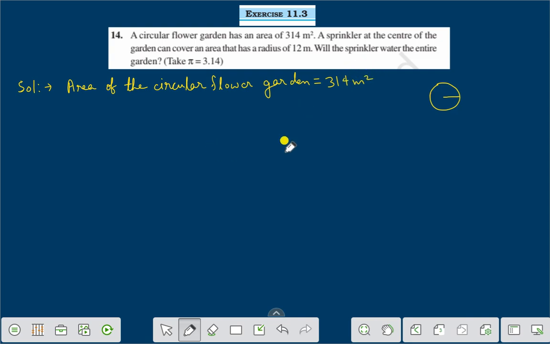Right? First we'll find the radius of this circular flower garden.